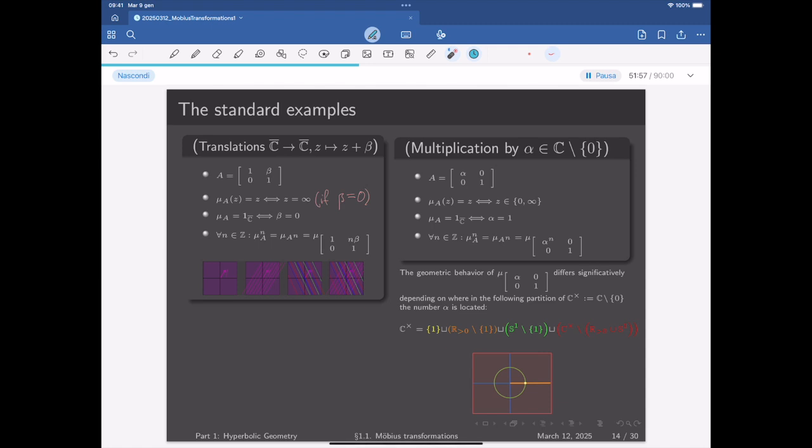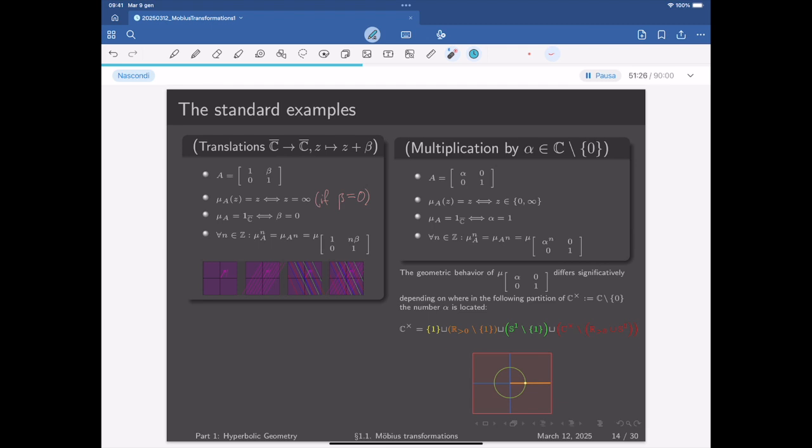There is another obvious type of example, which is just, in C bar, multiply by a non-zero complex number, and then of course you just fix infinity. That's obviously the Möbius transformation associated to this matrix.